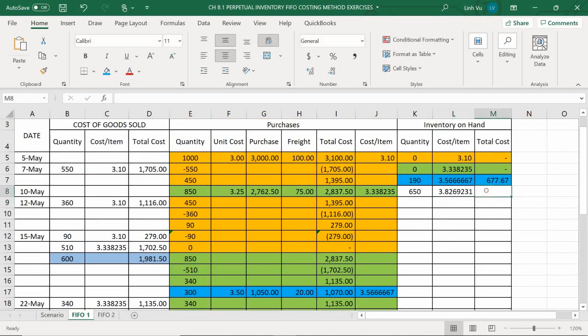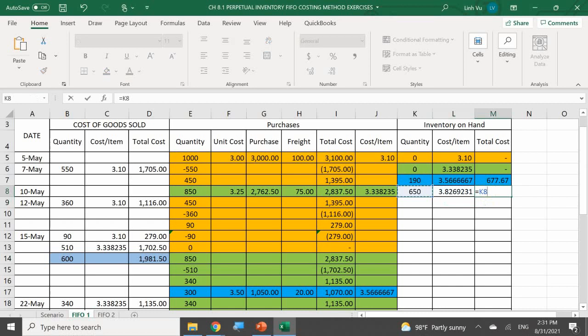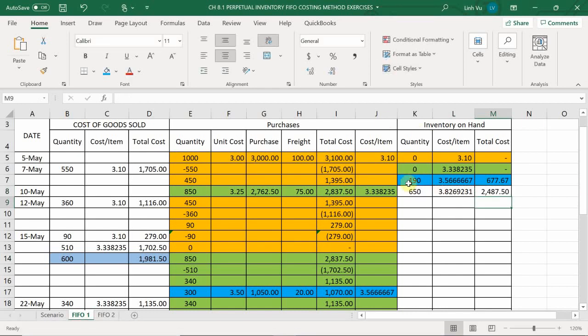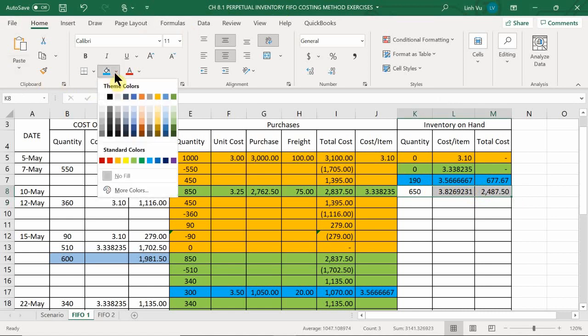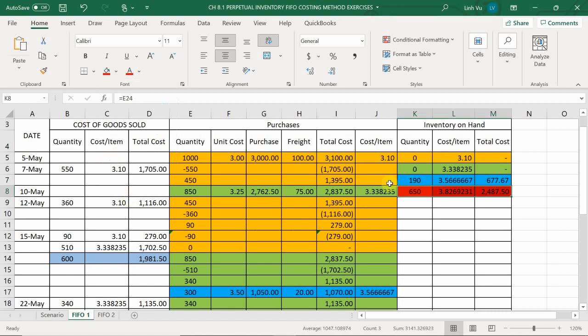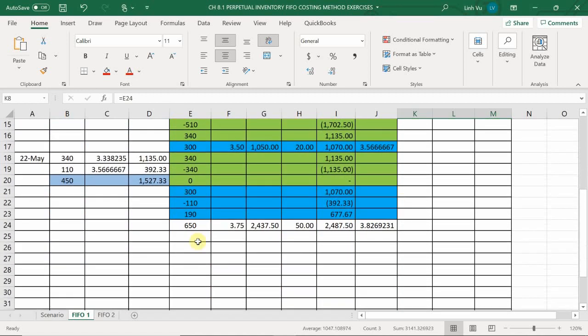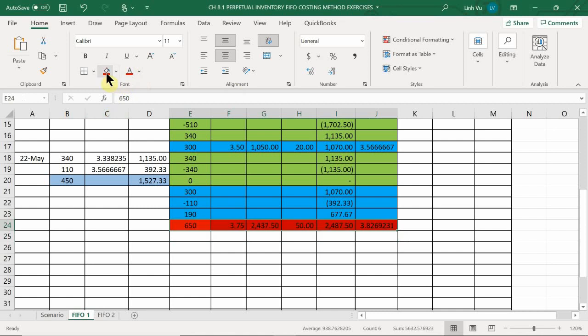All right, now I need to pick one more color, and in this case, let's choose red. So that means this batch of inventory here is red, right?